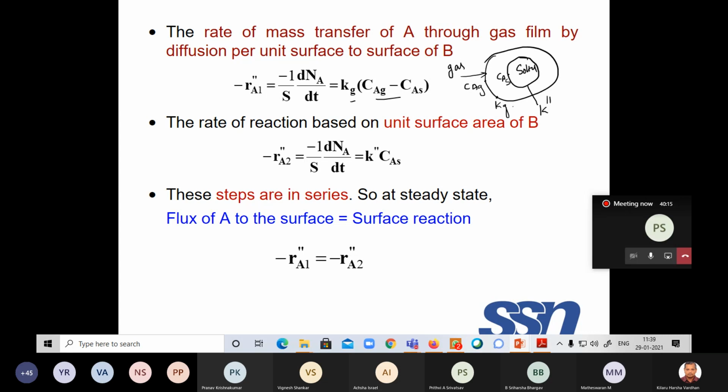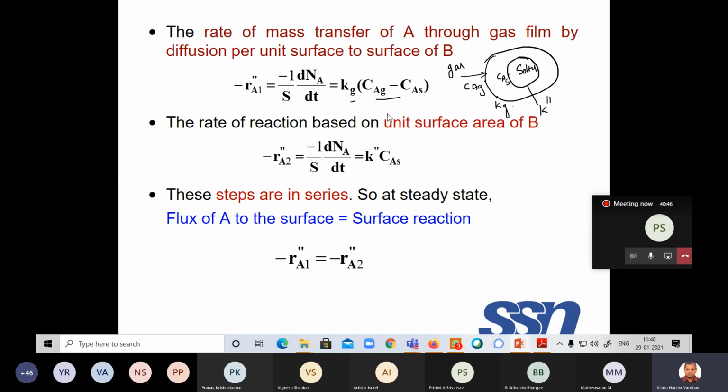So here CAS minus something would come, but here we are assuming no ash film is formed. Therefore, K prime CAS. K prime is the rate constant at the surface, and Kg is the one for the gas film, which we call the mass transfer coefficient.